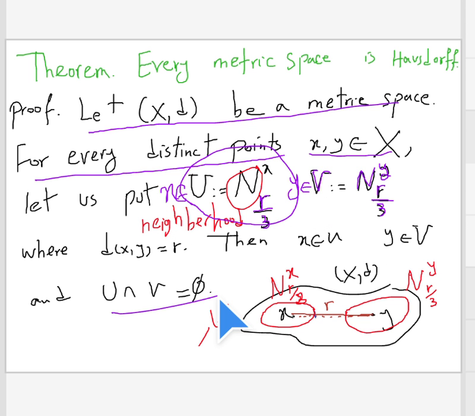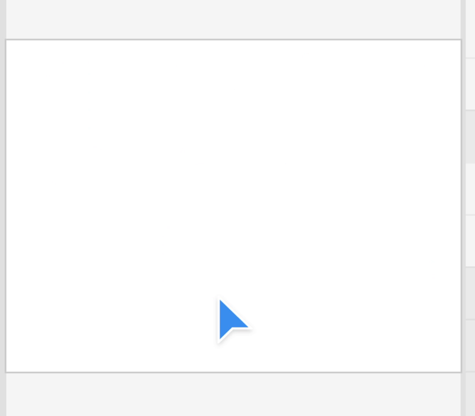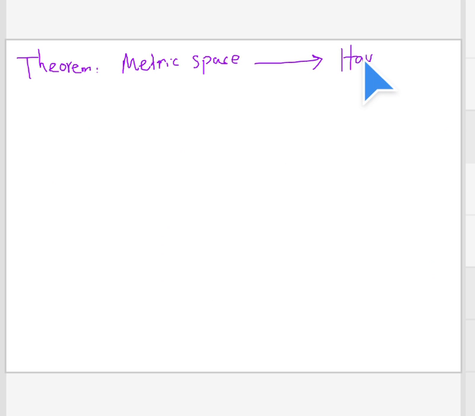Okay. Some exercises. Before exercises, I give a corollary. We have the theorem: metric space is Hausdorff. Okay. Can you give me a corollary? Can you tell me a corollary from this theorem?